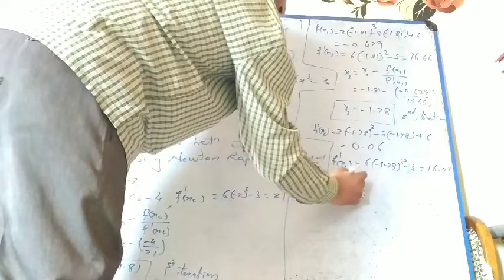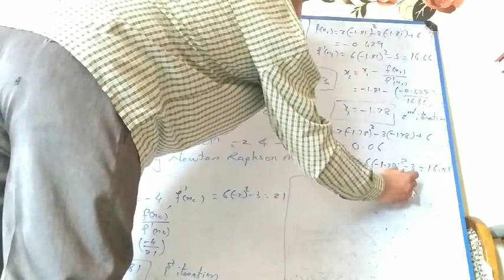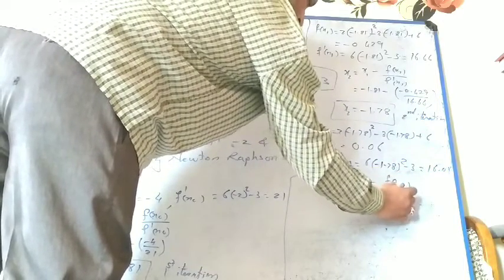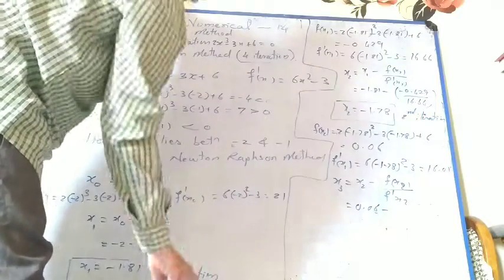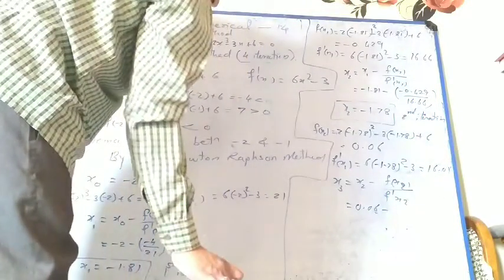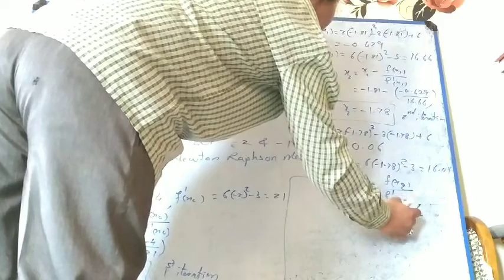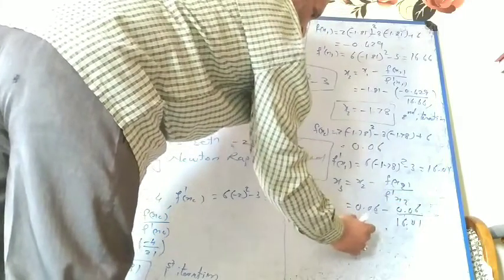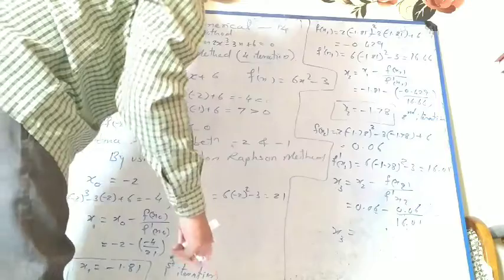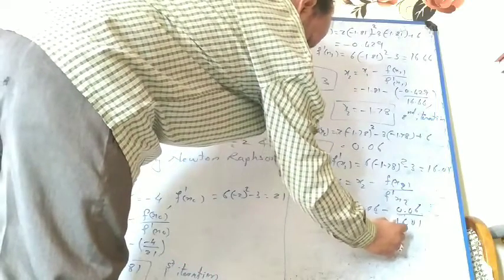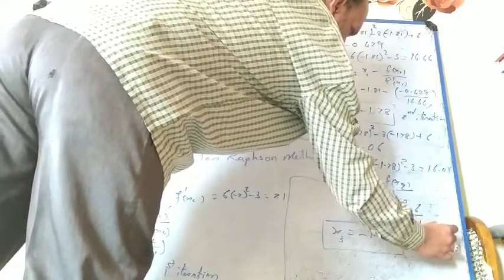So you can find x3. x3 is x2 minus f of x2 upon f dash x2. So substitute this value: -1.78 minus 0.06 divided by 16.01. So x3, the third iteration, comes out to be -1.784. This is your third iteration.